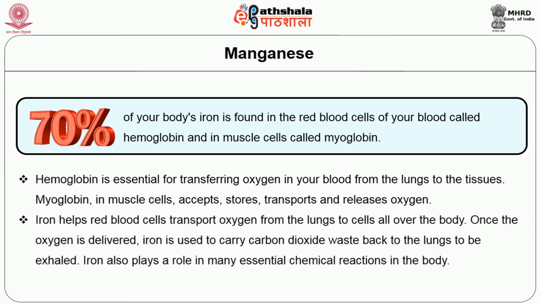Iron helps red blood cells transport oxygen from the lungs to cells all over the body. Once the oxygen is delivered, iron is used to carry carbon dioxide waste back to the lungs to be exhaled. Iron also plays a role in many essential chemical reactions in the body.